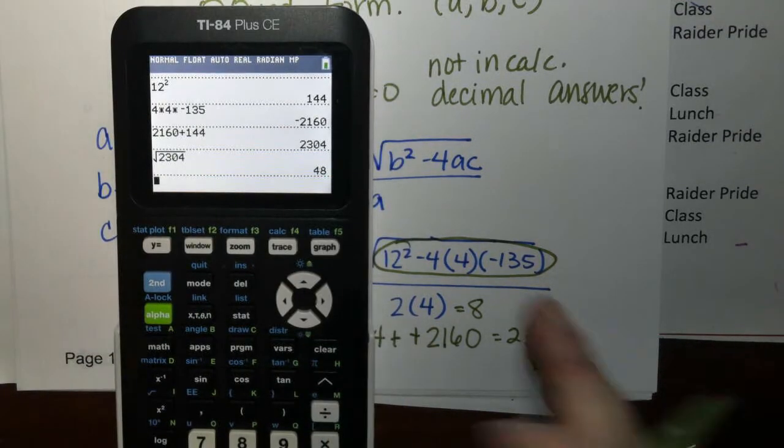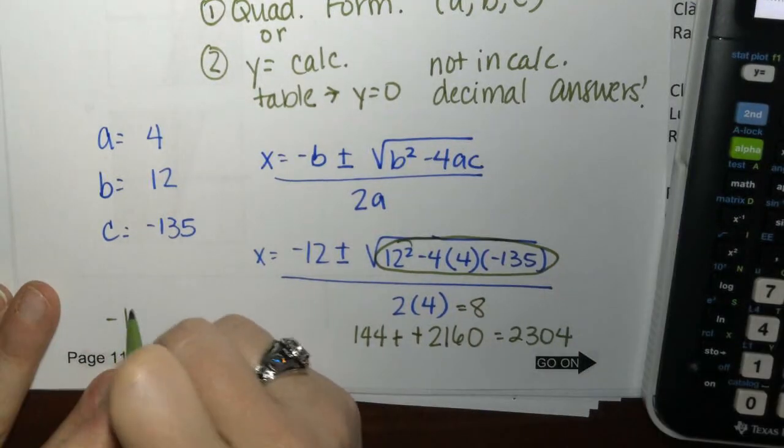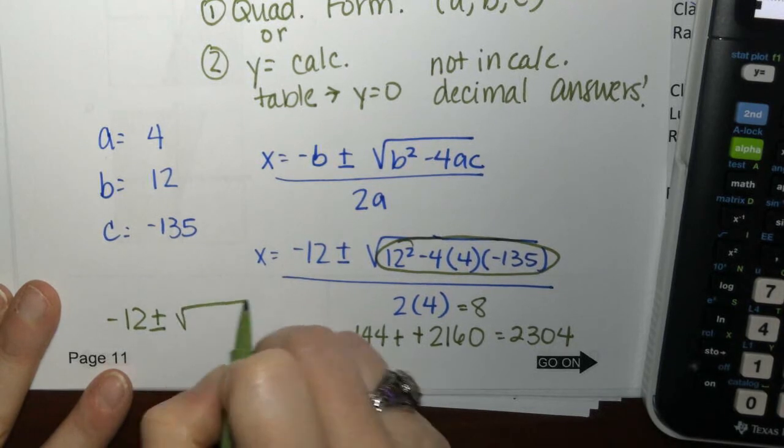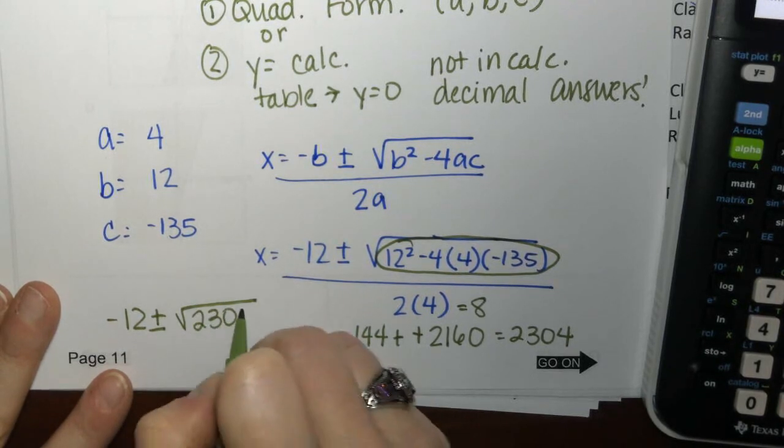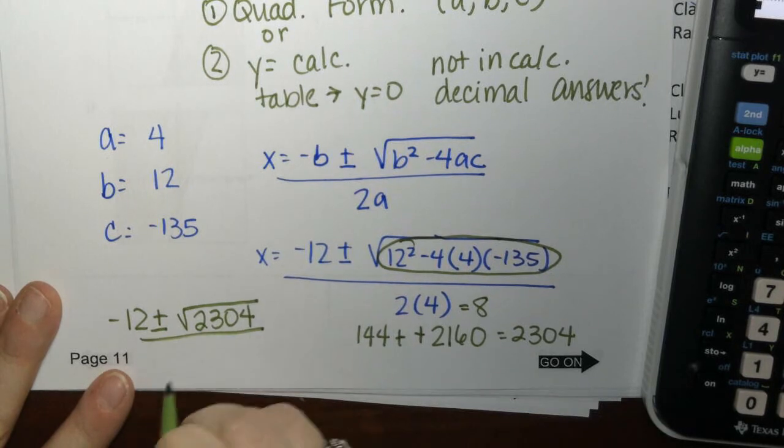Okay, so what we have here is negative 12 plus or minus the square root of 2304, all over 8.